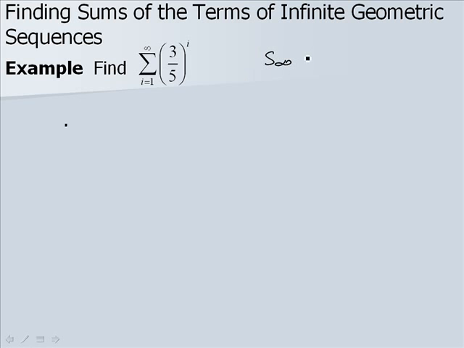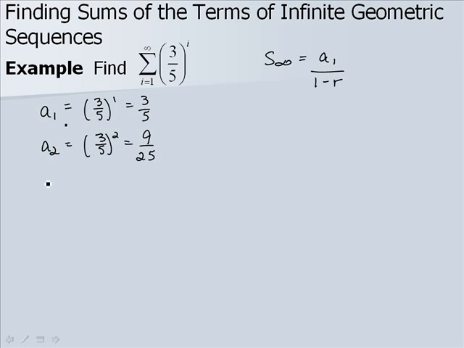So S infinity is given as A1 over 1 minus R. So we need to find A1 and R. We know that A1 is equal to 3/5 to the first, or 3/5. A2 will be equal to 3/5 squared, which is equal to 9/25.